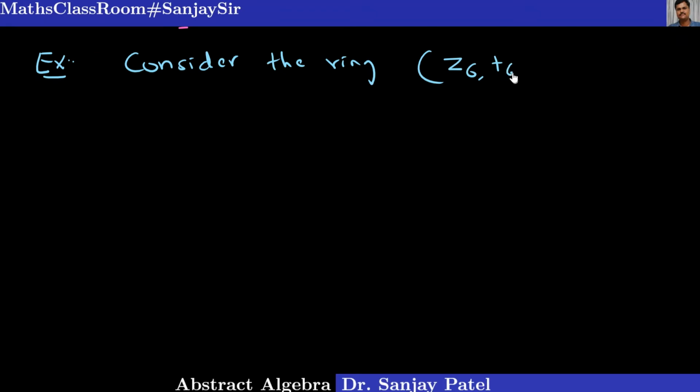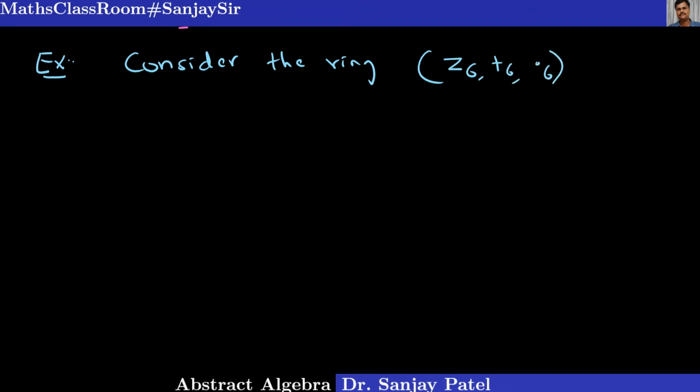Let us understand more concretely by taking one particular example. So let me take a simple example. Consider the ring of residue classes modulo 6. Let me take Z6, plus 6 and dot 6.